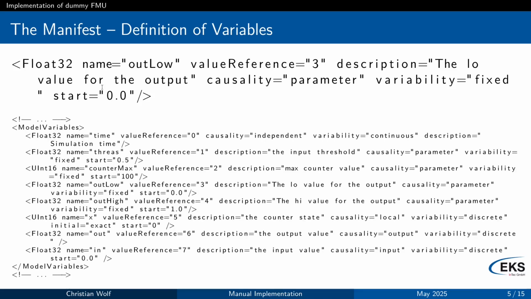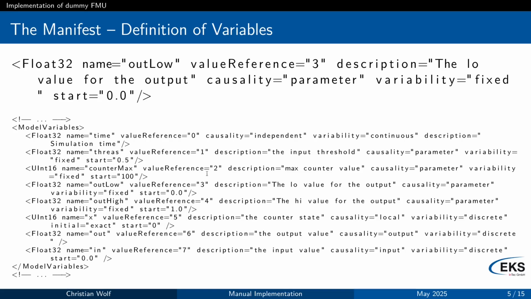And likewise, all variables of this one input, one output, and 3 parameters, I think it was, must be defined here. So we have additionally the time as independent variable of the continuous system. We have the 3 parameters. The threshold is variable 1.